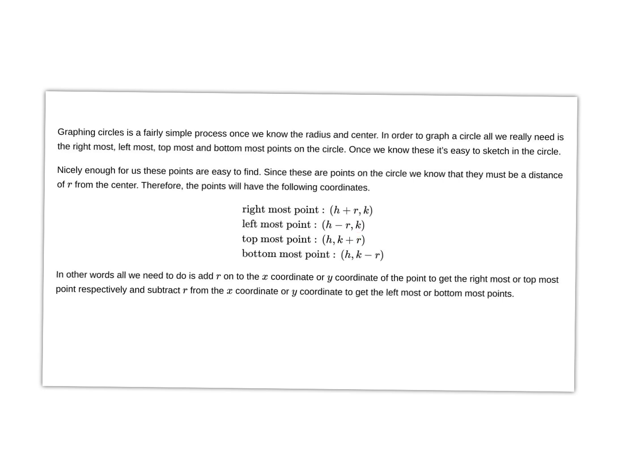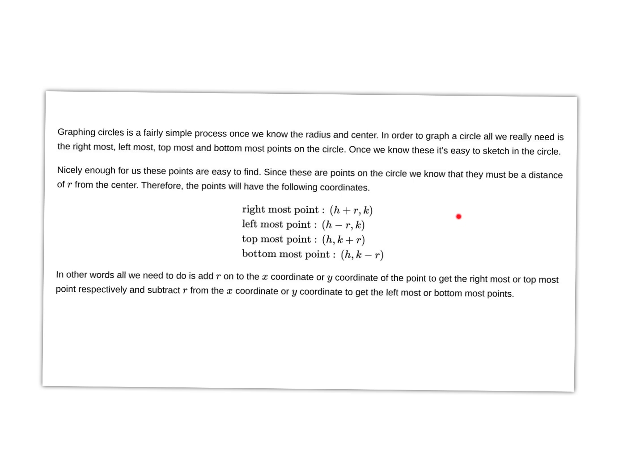So as we move to the right and to the left to plot those points from the center of our circle, of course the k value is staying the same. Then as we go from the center of the circle to the top, we want to make sure that the x value of the center, which is represented by h, stays the same, and we are taking the radius and adding it onto the k value, which is the y coordinate of the center.